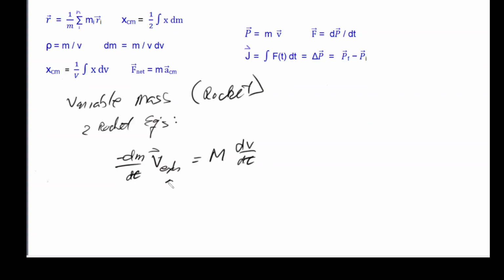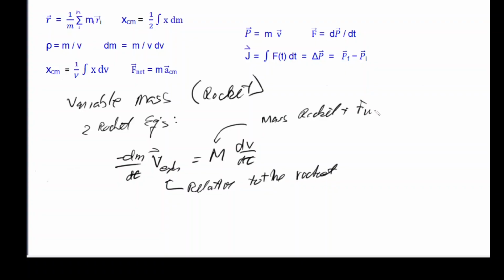The velocity of the exhaust is relative to the rocket. And this mass is the mass of the rocket plus the fuel. And dv/dt is the acceleration of the rocket.